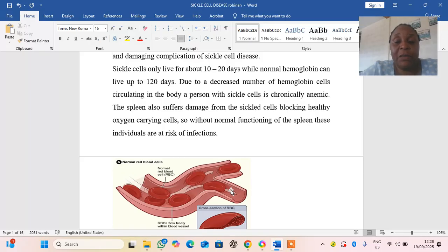So we are saying that these red blood cells, which become sickled, block the blood, the healthy oxygen-carrying cells, which may travel to the spleen and also to the liver. So this person's immune system is usually low, and that is why they are very prone to infections.